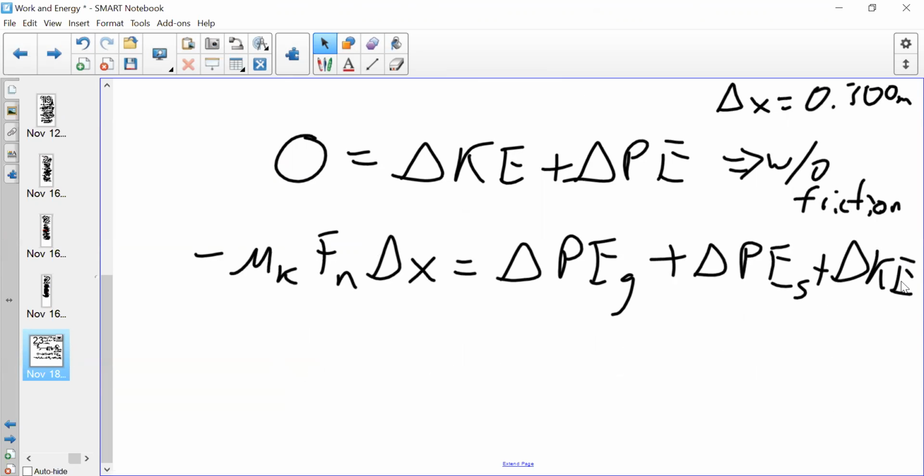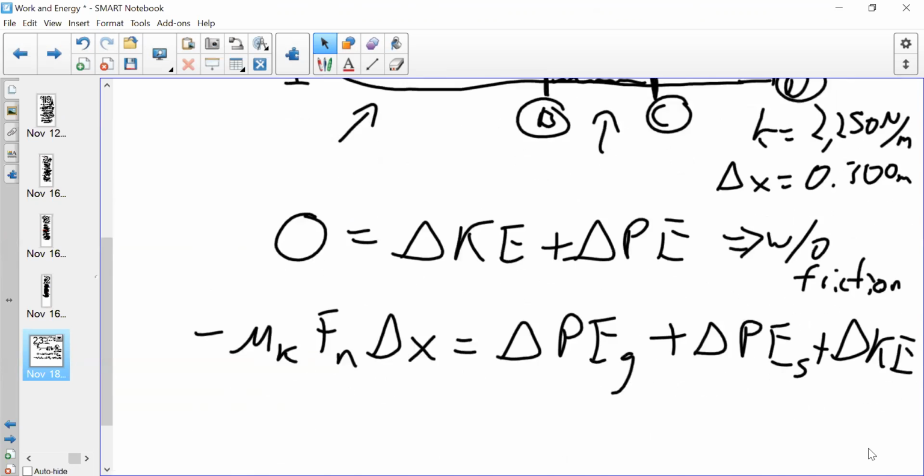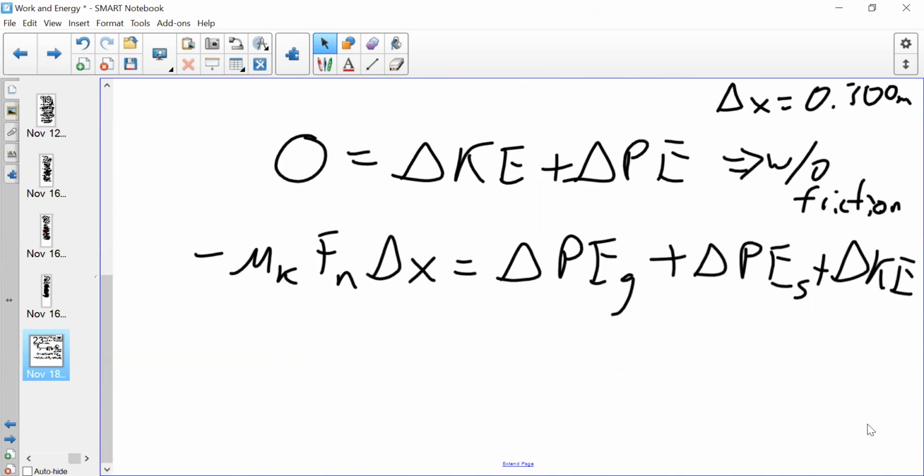The object starts from rest and it ends at rest when it hits here. So the change in kinetic energy would be 0. Exactly right. The initial velocity and the final velocity are the same. 0 minus 0, 0, the whole term dies. If there was no spring there, it hits the wall, then we'd have a final kinetic energy.